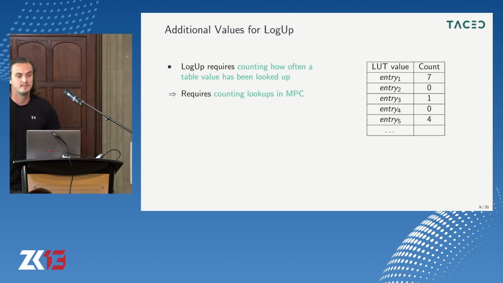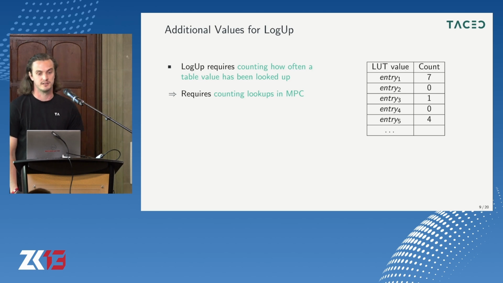Now let's have a look at what this lookup protocol introduces as a problem. In lookups, you have to remember or count how many times a certain value has been looked up. Like in this table, for example, entry 1 has been looked up 7 times, and you have to do this in MPC.